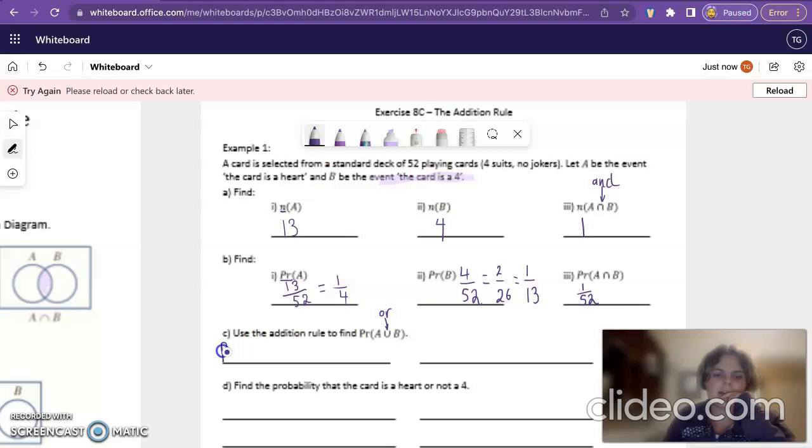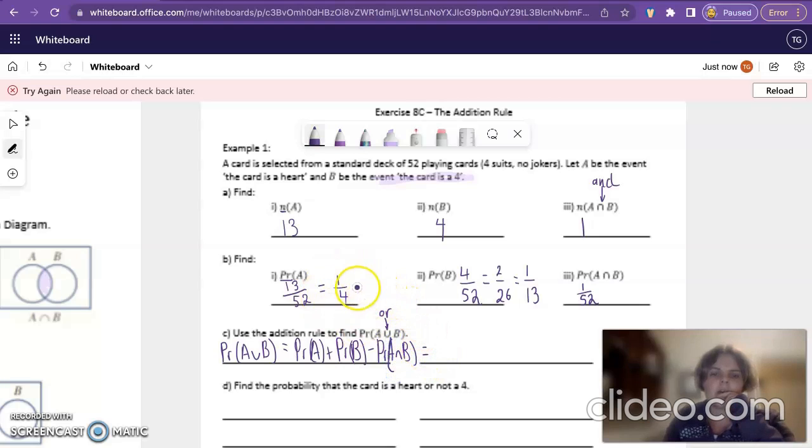So probability of A union B equals probability of A plus probability of B minus probability of A intersect B. Remember, we don't want to double count that middle section of the Venn diagram.